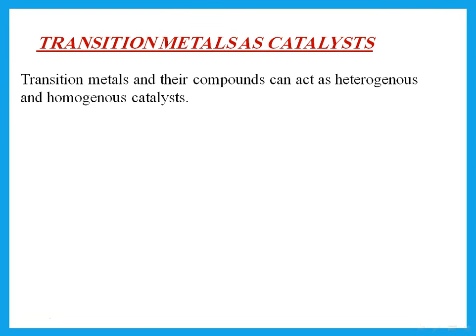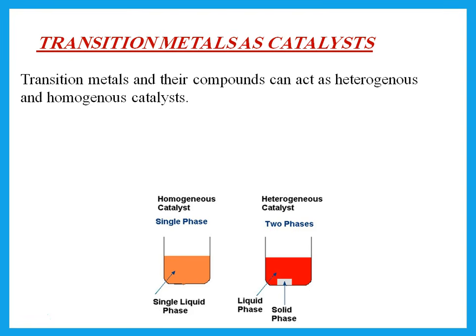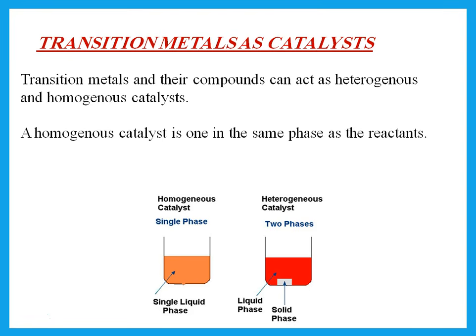You should remember that transition metals, one of their properties is that they act as catalysts. So transition metals act as catalysts. Transition metals and their compounds will either be heterogeneous catalysts or homogeneous catalysts. What is the difference between these? You should remember that a homogeneous catalyst is one that is in the same phase as the reactants.